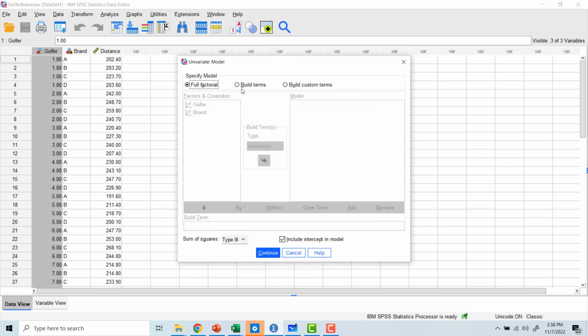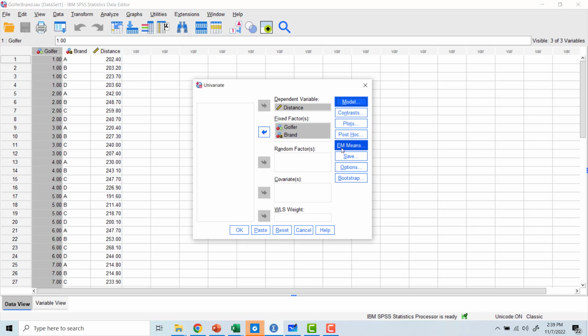In this particular design, we don't want the interactions between the terms. So if we go to build terms, select golfer and brand, select main effects, and click OK. Select OK.